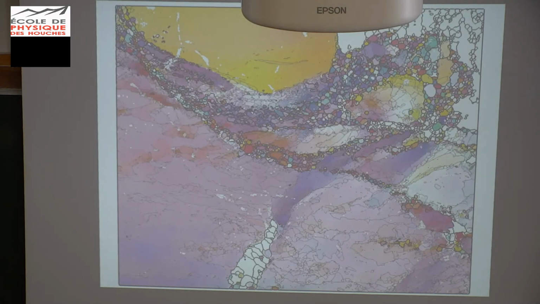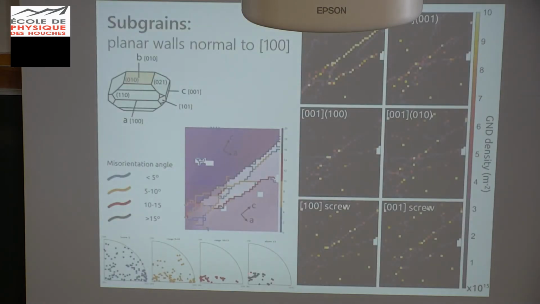So we are now zooming into some parts of this map to look into the subgrains. First this one. Okay, we can see here a subgrain, and this is the disposition of the olivine grain. The b-axis is perpendicular to the screen right now.